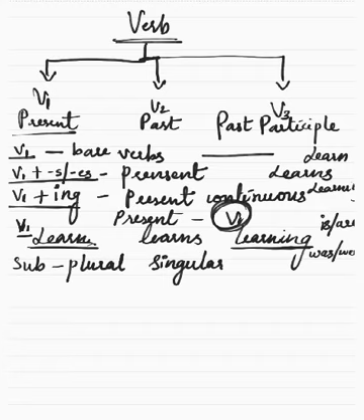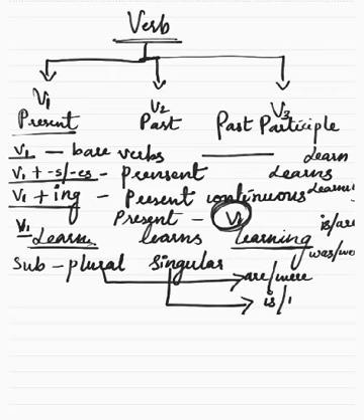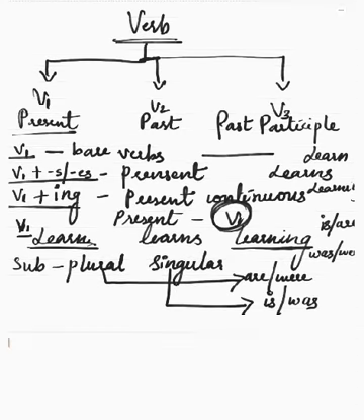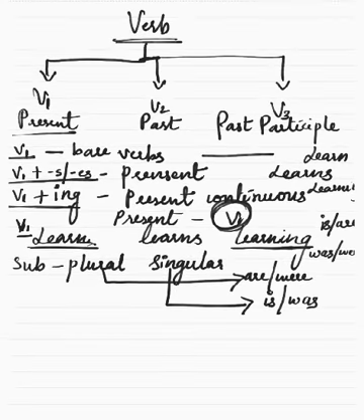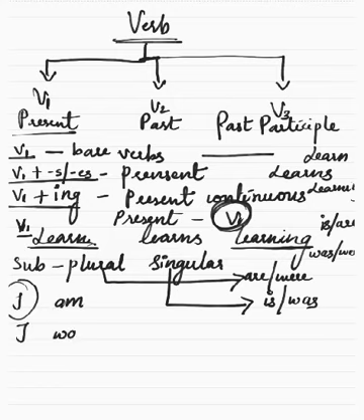If it is plural, are or were; if the subject is singular, is or was. And if the subject is I, it remains I am learning or I was learning. It is as simple as that.